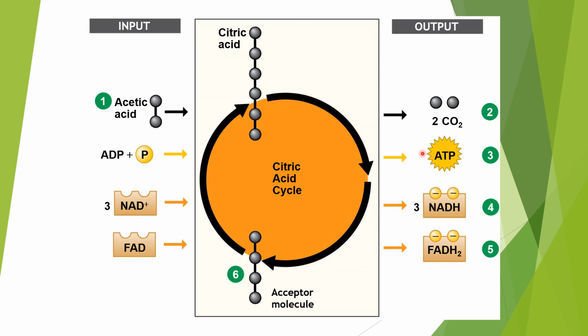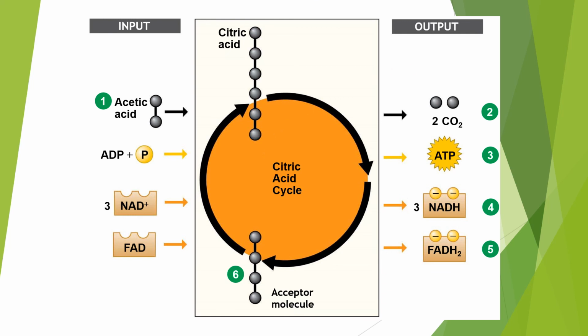Then the electron carriers, NAD positive and FAD, once they accept electrons, become NADH and FADH2, and you can see that they are carrying the electrons right here. So those are the main products released out of the citric acid cycle, or the Krebs cycle, which takes place inside of the cell's mitochondria.